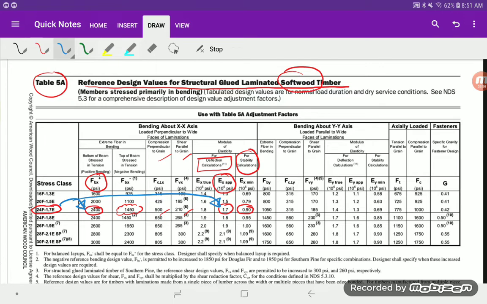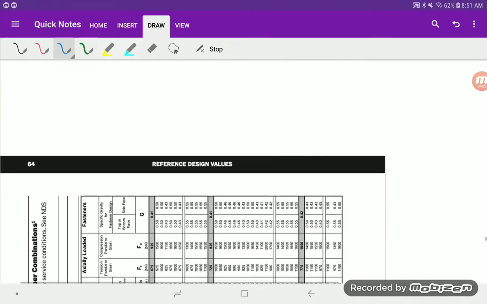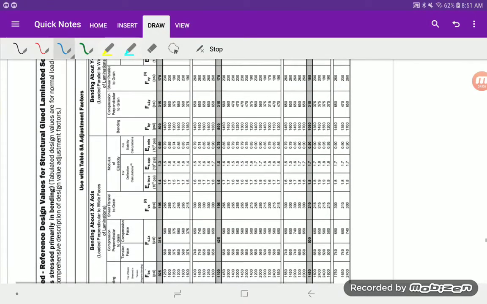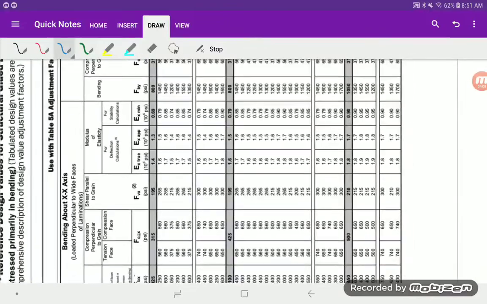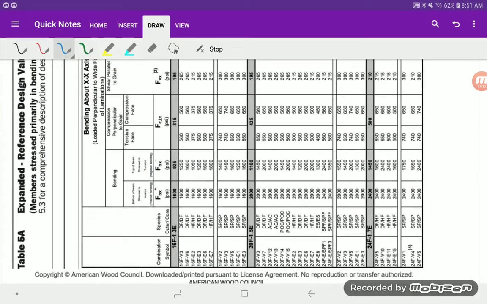The second thing that we were told is a 24F V5. If we go to the next page, page 64, this page is oriented sideways, so it doesn't really help. But if you don't mind slanting your head a little bit, here we go for a little more information.